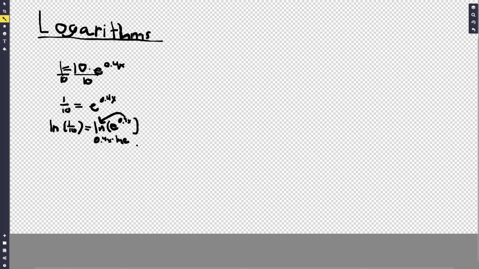And what do we know the natural log of e is equal to? It's equal to 1. So we're left with the natural log of 1/10 is equal to 0.4x. Divide by 0.4 on both sides, and we're left with the natural log of 1/10 divided by 0.4 is equal to x, and there's our answer.